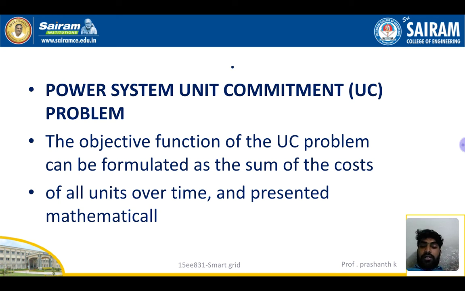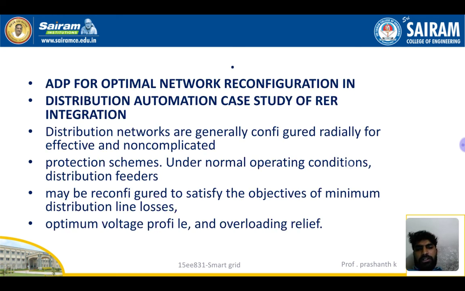So the main objective is to minimize the cost of all the units over time. Unit commitment means the number of units we want to supply, or the number of units we want to deliver. Some of these commitments will be there in smart grid technologies.